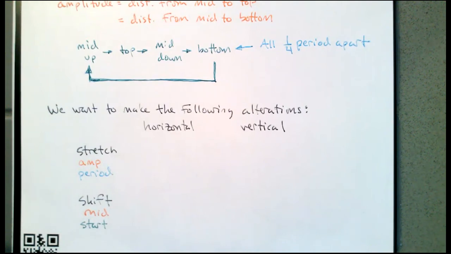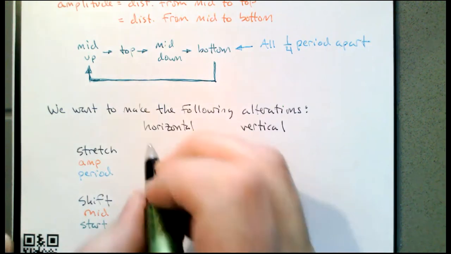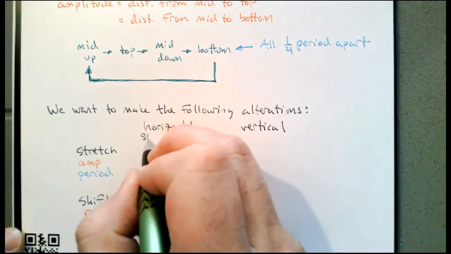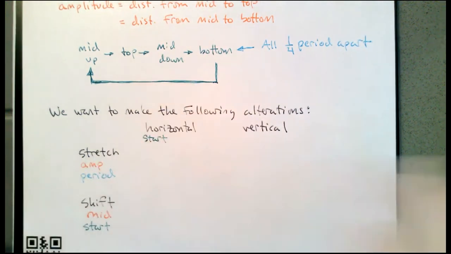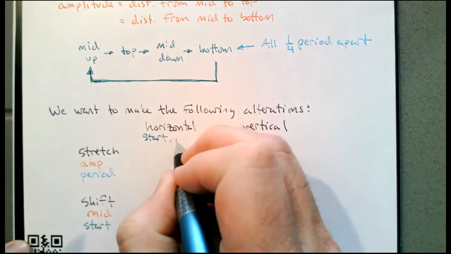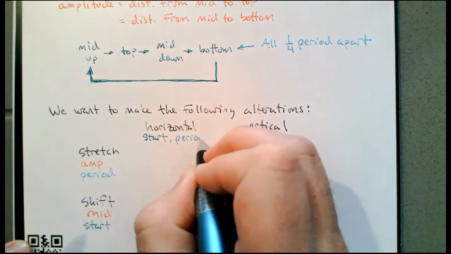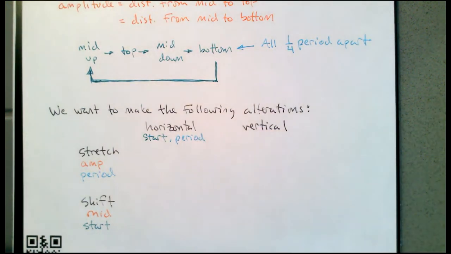We're going to want to change things horizontally. Horizontal information is the start and the period. We're going to want to change things vertically, which means we're going to want to change the middle or the amplitude.